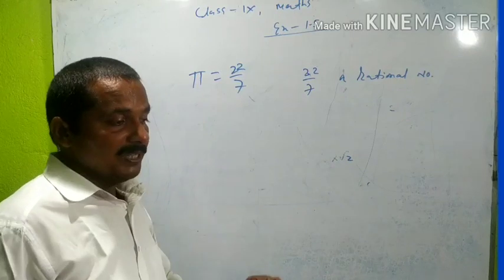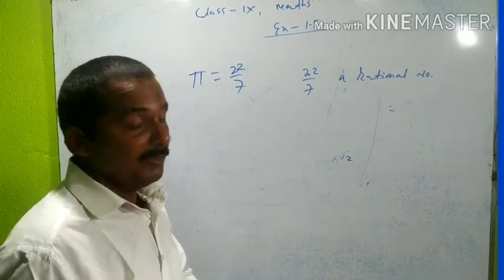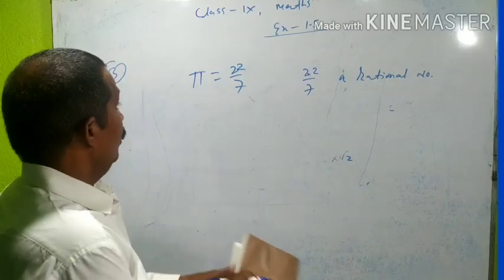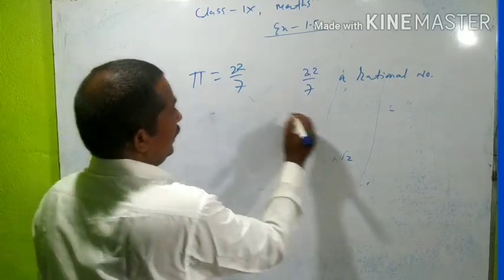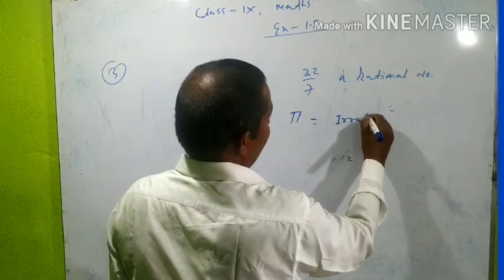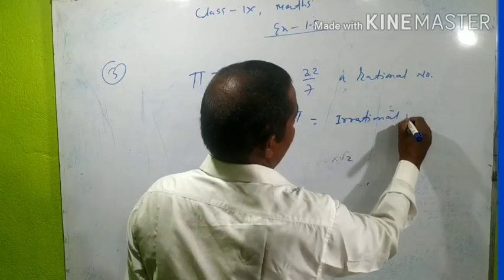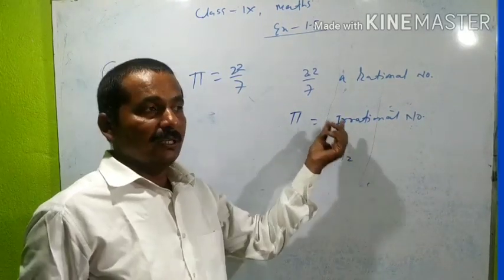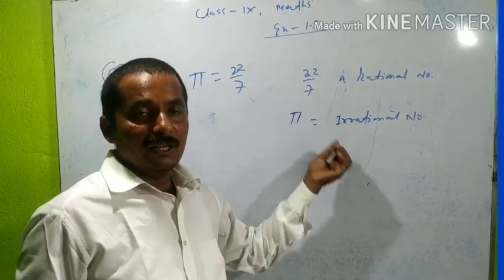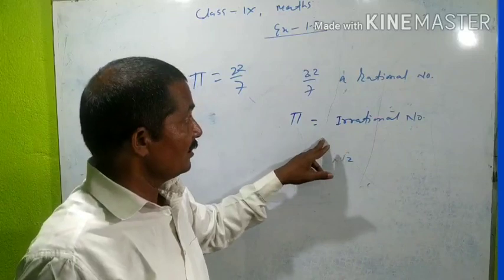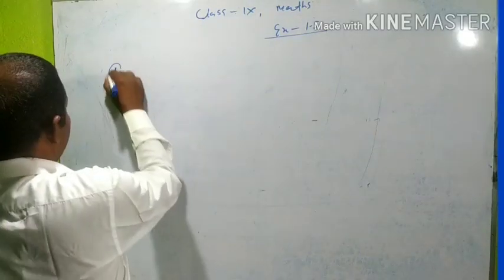Non-terminating and non-repeating decimal means it will be an irrational number. So pi is irrational because, as I told, its real value is a non-terminating and non-repeating decimal. That is why it is irrational, and this is rational.